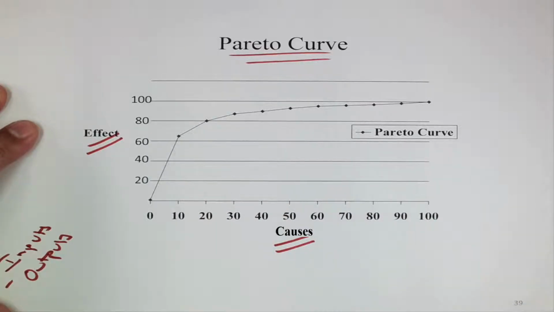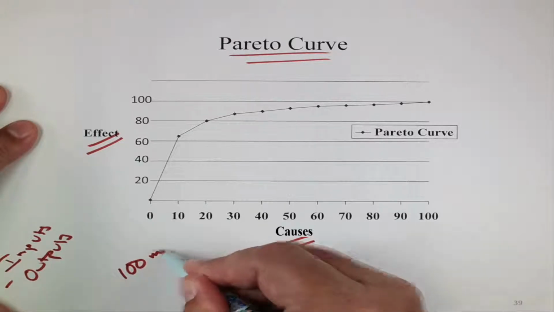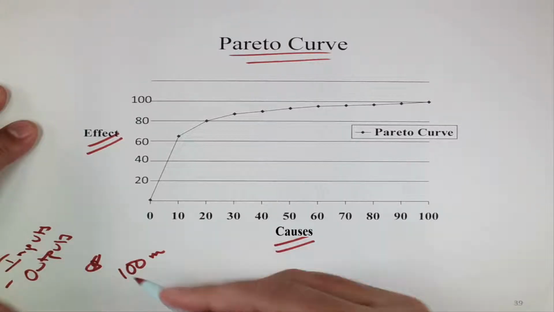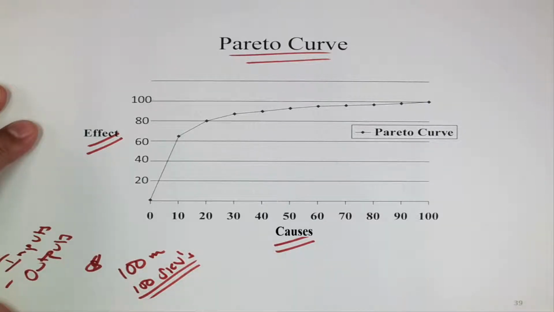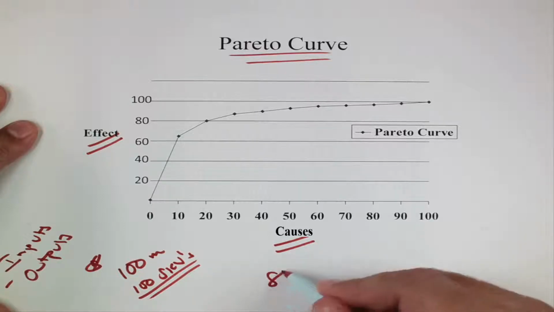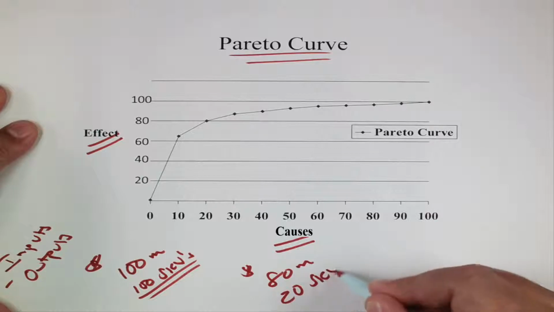And as it relates to inventory management, it's the inventory itself. So if we have inventory that's $100 million and we have 100 SKUs, what are we really trying to say here? That 80 million of the value is represented by 20 of the SKUs.